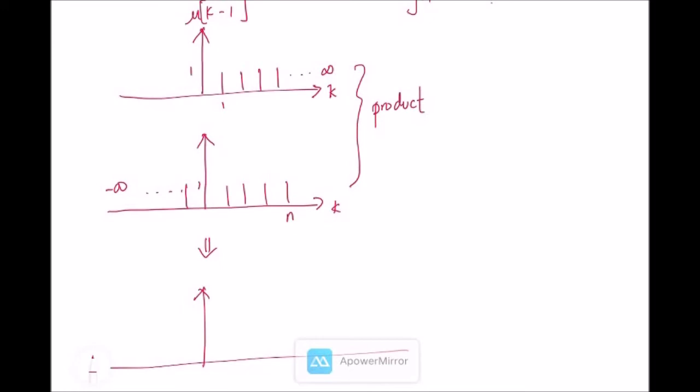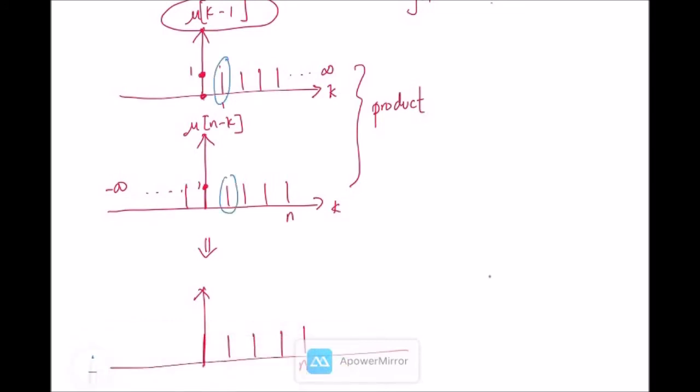For the u k minus 1, the value starts from 0 to positive infinity. For u n minus k, the value is from n to negative infinity. So the overlapping, when you multiply, only the values from here have value. This one is 1 multiply with here also 1, so 1 times 1, you get 1.